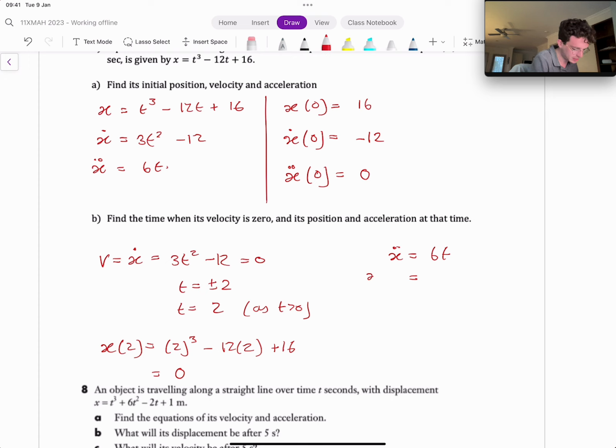So x double dot of 2, so we're finding the acceleration at time 2, is going to be 6 times 2, which is 12. Acceleration's notation is meters per second squared, or ms minus 2, or 12 meters per second squared, like that. But we usually use the first one.